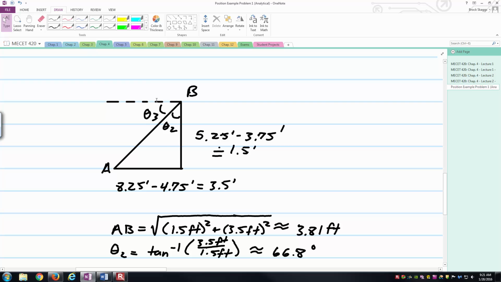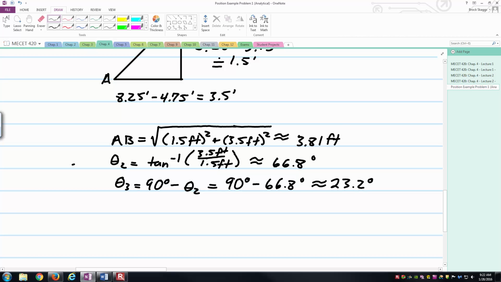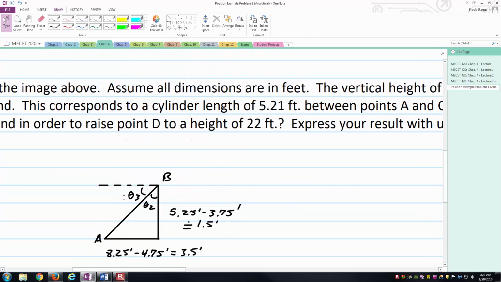And so if you look at this, the dashed line is horizontal, this line here is vertical. We've got a 90-degree corner there, so theta 3 will just be the complementary angle of theta 2. And so to obtain theta 3, we'll just say theta 3 is 90 degrees minus theta 2. And just do a little bit of simple arithmetic here in order to arrive at 23.2 degrees for theta 3. And so we've got theta 3 now.